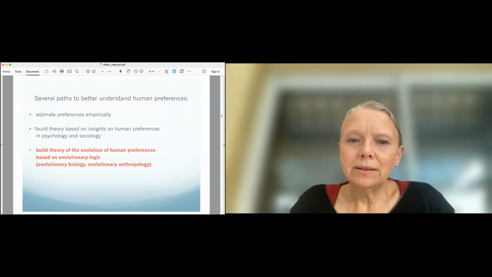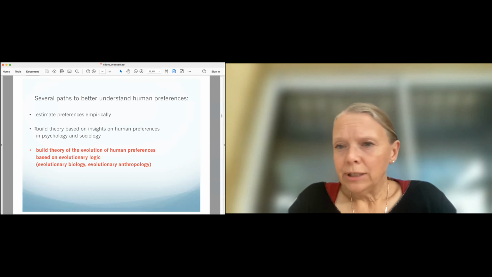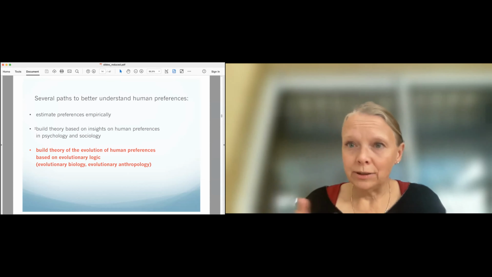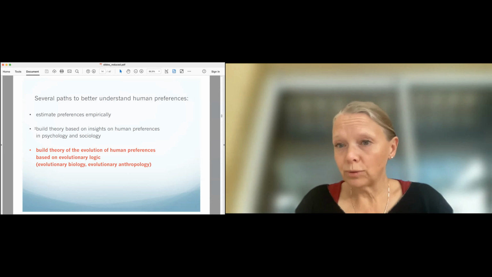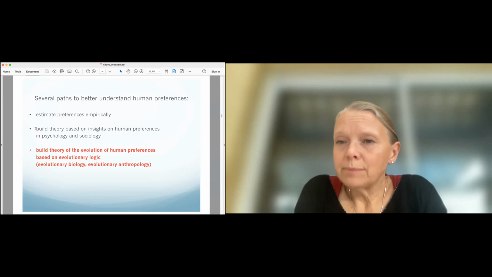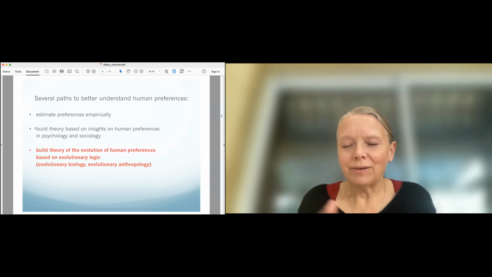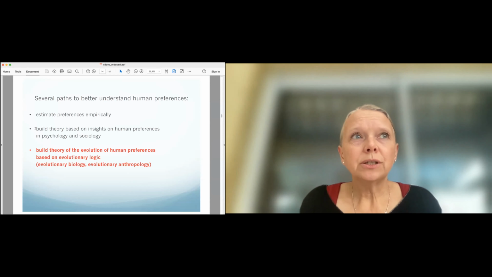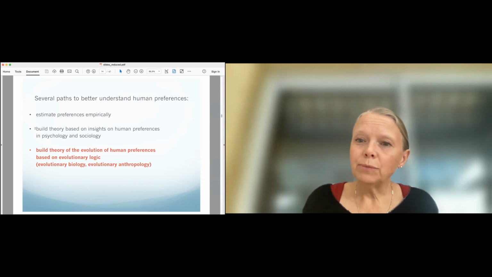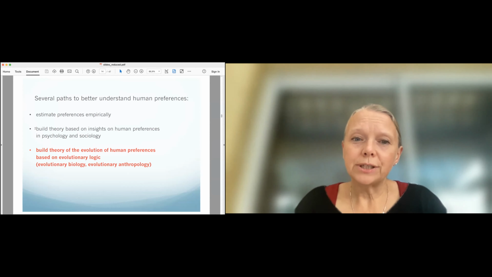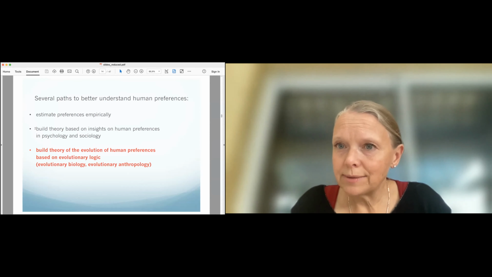So typically it's very useful and interesting to talk with researchers from these fields to actually enrich the economics models on the evolution of human preferences. But economists, we are very complementary, so we are not reinventing the wheel, because we ask questions which are slightly different from those asked or addressed by evolutionary biologists and evolutionary anthropologists.